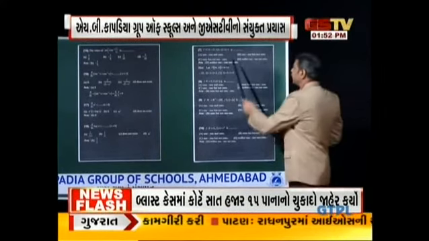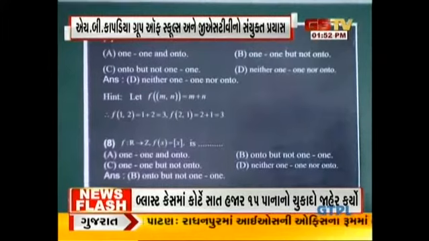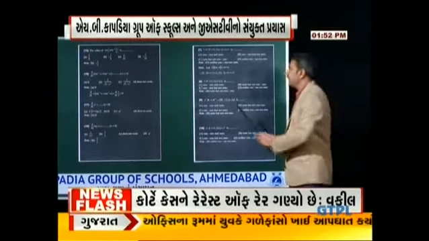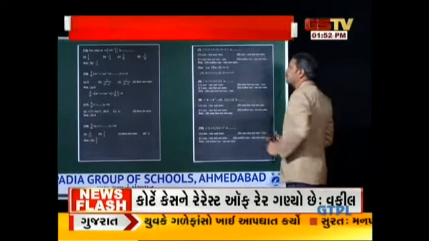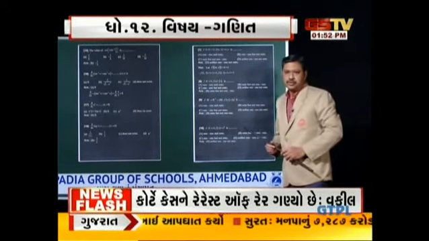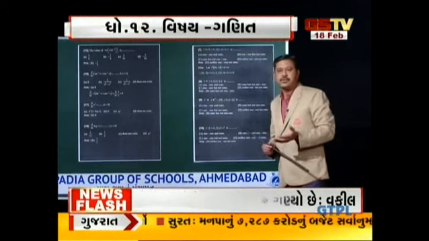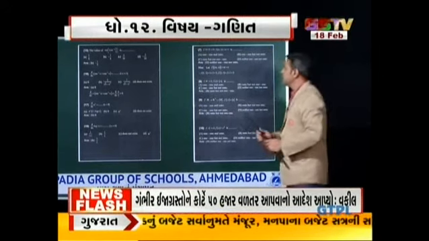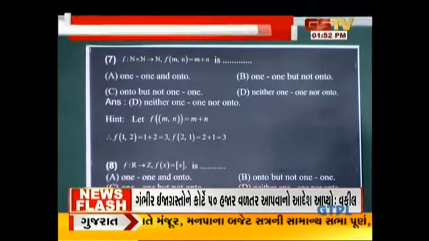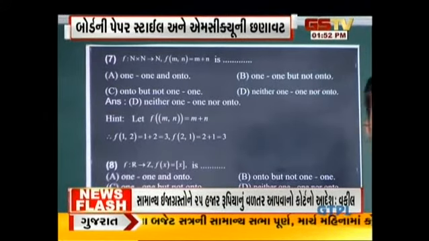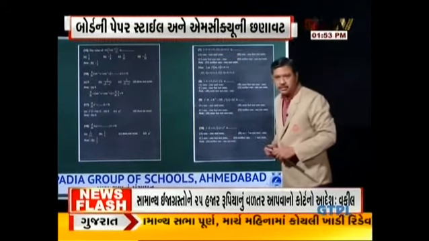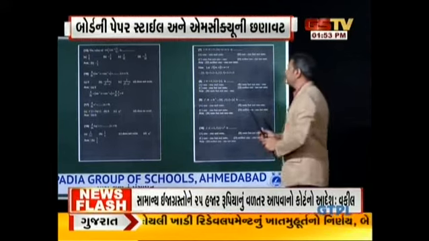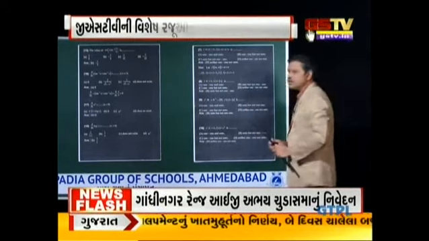If you find the range of this function, if we take the first set N element (1, 1), we get the range result 1 plus 1 is equal to 2. So our range's first value is 2, 3, 4, 5, etc. So it is not equal to the codomain N, because N is the set of natural numbers 1, 2, 3, 4, 5. 1 is not there in the range of the function, so it is not onto.